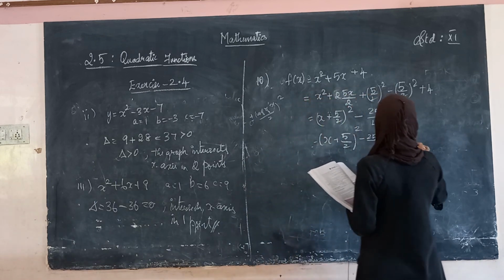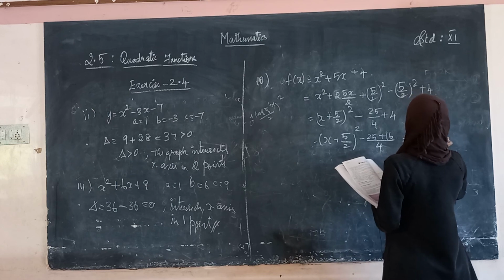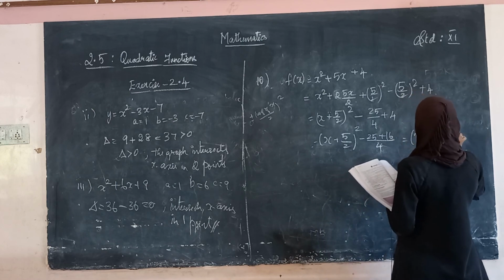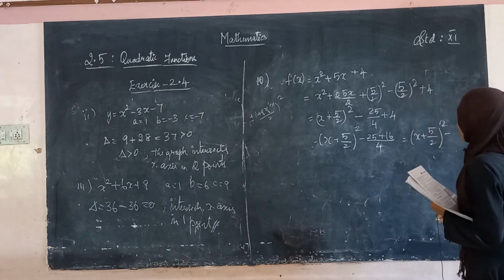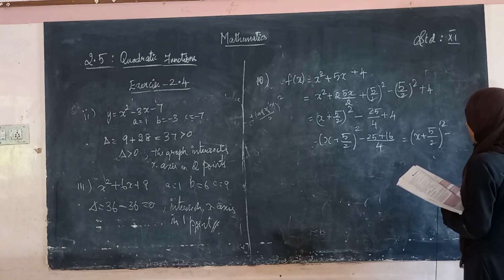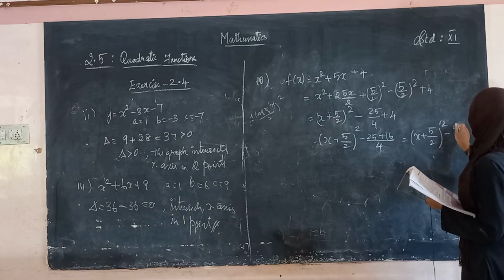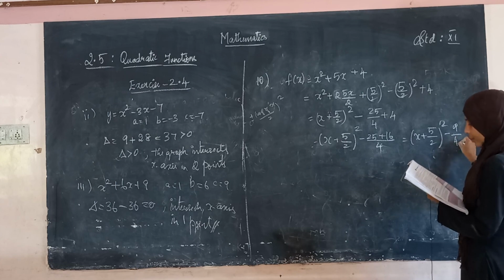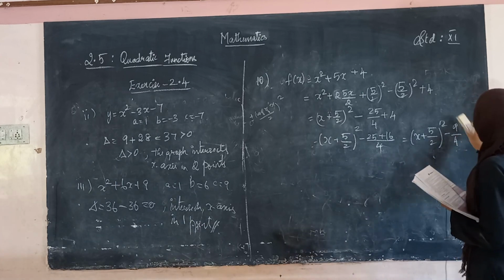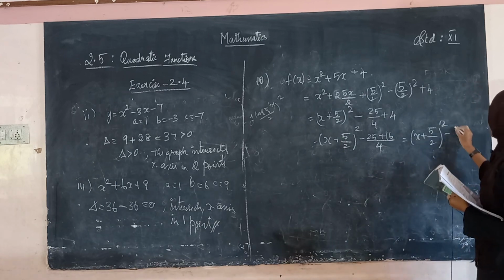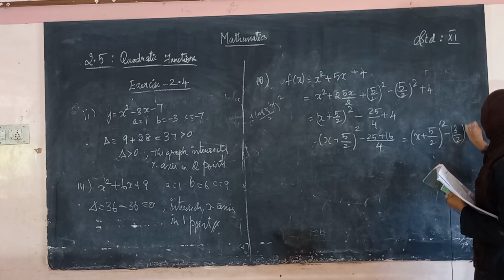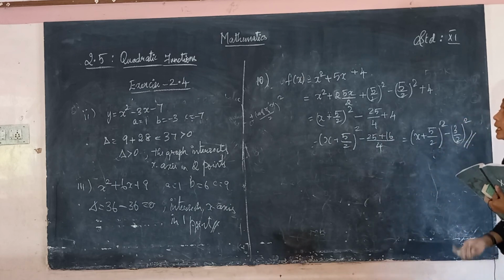Okay, this is equal to x plus 5 divided by 2 the whole square minus 9 divided by 4. This can be written as 3 divided by 2 the whole square. See, completing the square method.